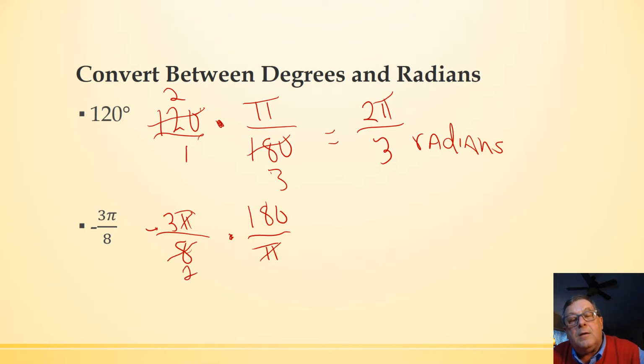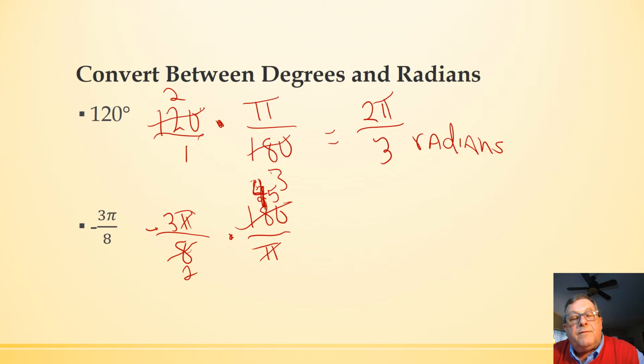So 4 goes into 8 2 times, and 4 goes into 180 45 times. Something didn't sound right there. Oh, 4 goes into 18 4 times, with 2 left over. That's what was wrong. So we get 45.